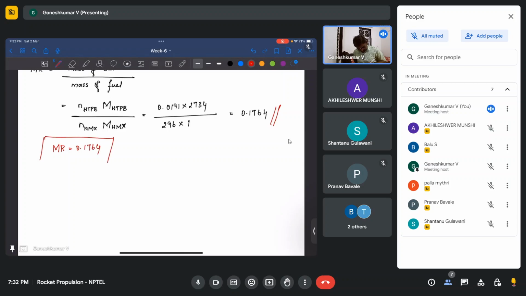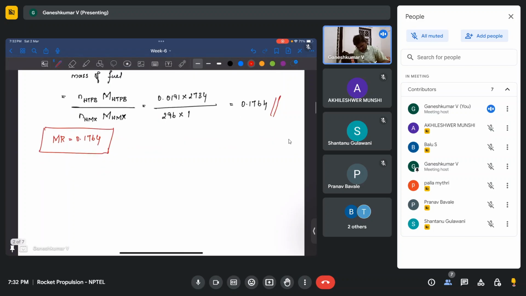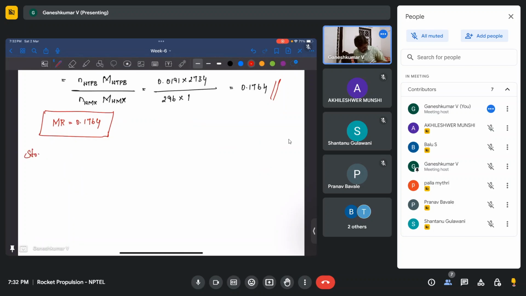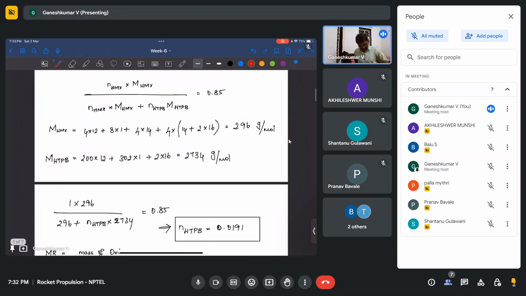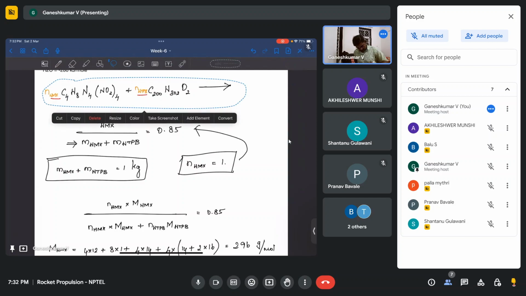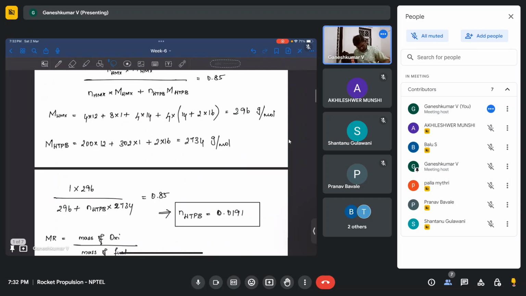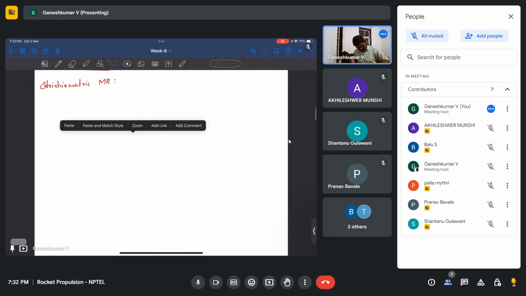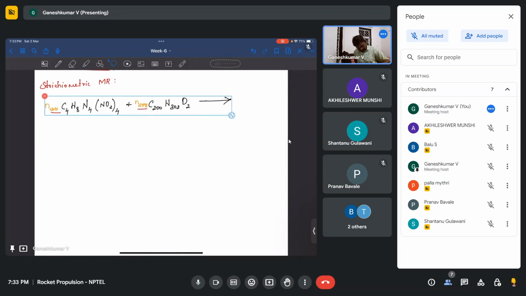Now we need to find the stoichiometric mixture ratio. So how do you find the stoichiometric mixture ratio? Anyone have any idea?